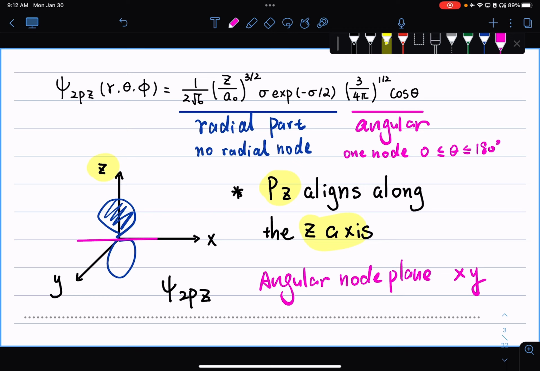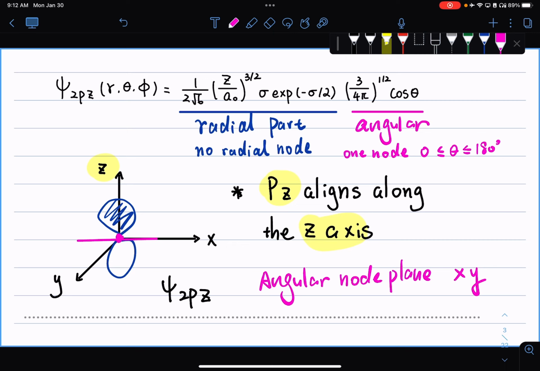Before we move on, to emphasize again, when we say there exists an angular node, it means that when the wave function passes through that angular node plane, it's going to change phase. When I say change phase, I mean your wave function is switching from a positive number to a negative number or vice versa.